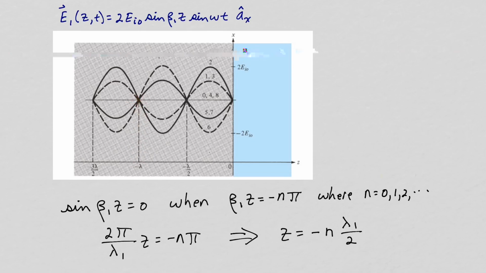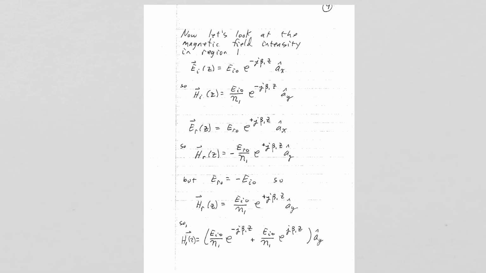We can now find the magnetic field intensity in material 1 by adding the incident magnetic field intensity with the reflected magnetic field intensity. We will also use the reflection coefficient of minus 1 to rewrite minus E sub R0 as E sub I0.